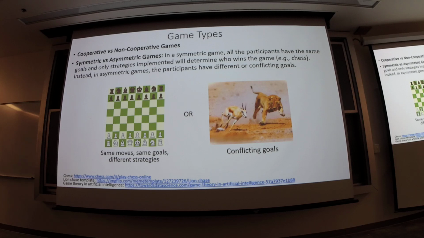Like in the example that I put here, there is a lioness chasing an antelope, I think it's called in English. Whatever it is, it's a horned animal. This game makes sense because the lion wants to eat and the other wants to just run, to be able to live another day. But if you switch the players, the game doesn't make sense anymore. Why should the antelope chase the lioness? It's asymmetric because their goals are completely conflicting, right?